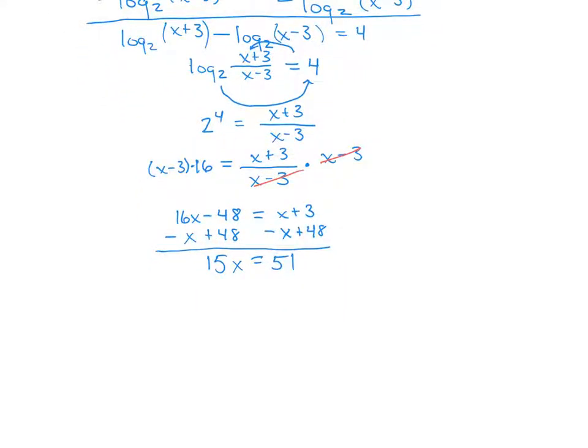Okay, finally we want to divide by 15 and reduce the fraction. So we get x is equal to 17 over 5.